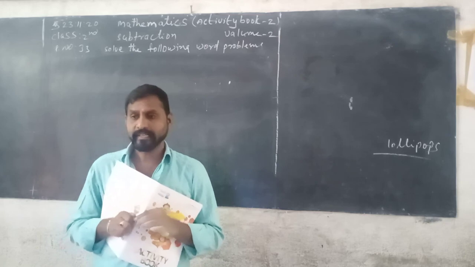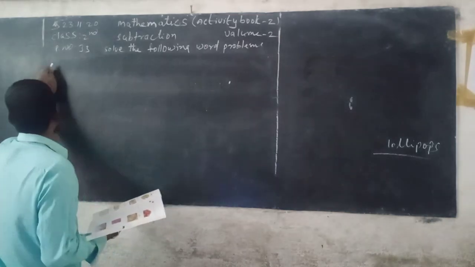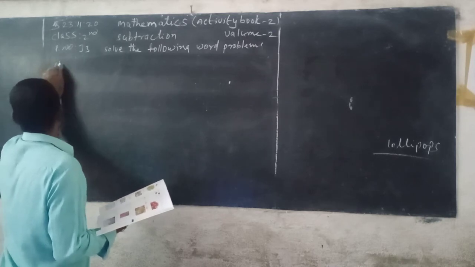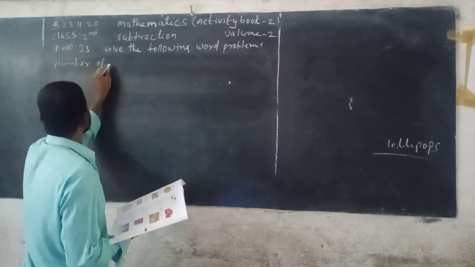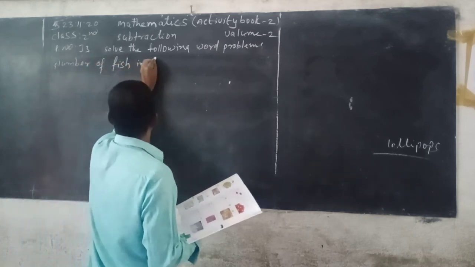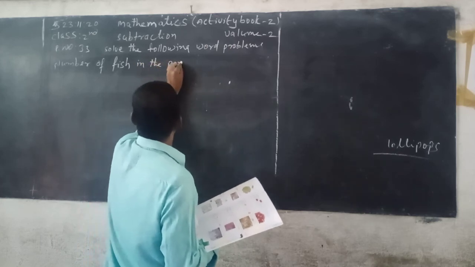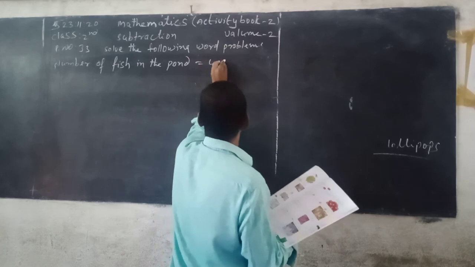Listen carefully. See here, number of fish in the pond is equals to 495.